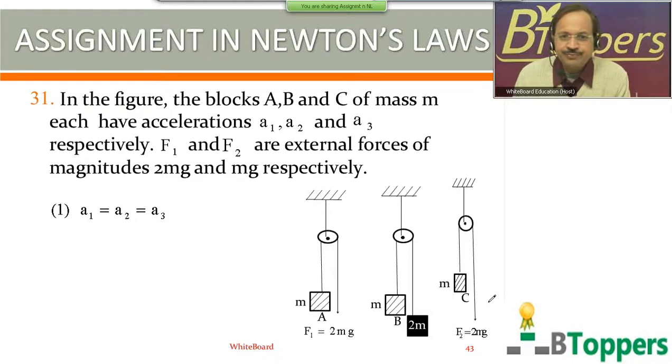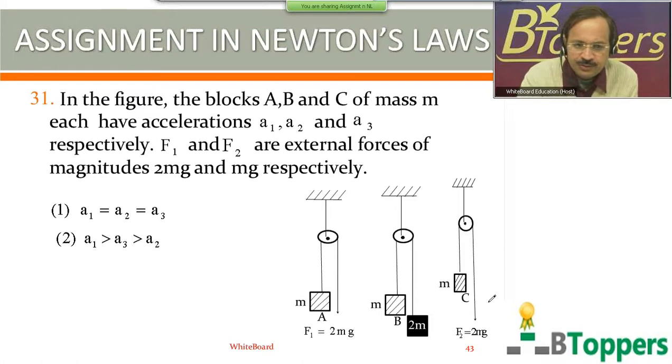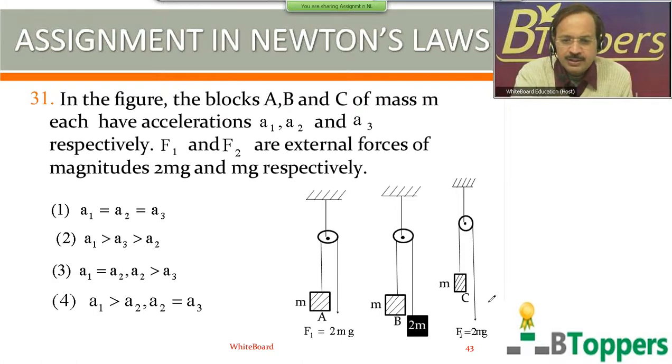See the question number 31. In the figure, the blocks A, B and C of mass m each have accelerations A1, A2 and A3 respectively. F1 and F2 are external forces of magnitude 2 mg and mg respectively. You have to compare the accelerations A1, A2, A3 of the three masses A, B, C in the three situations shown in the figure.